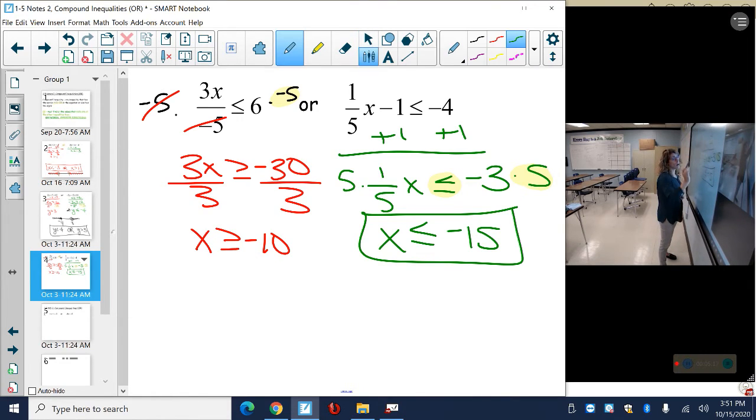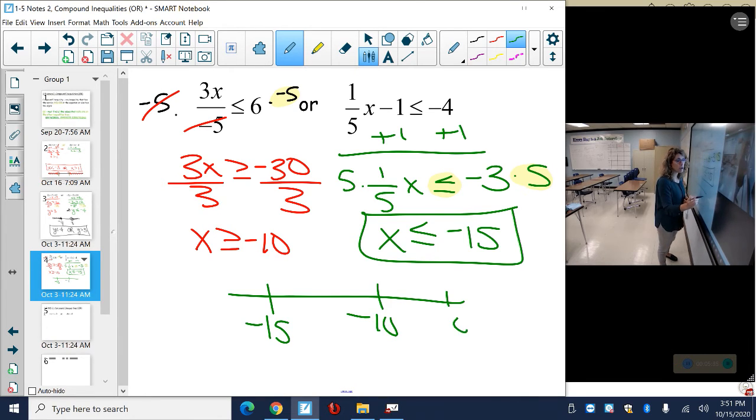So how do I graph this? Which number is smaller? Now this is tricky, so I need you to think distance. How many units away is negative 15 from 0 on the number line? It's 15 units away. How many units is negative 10 away? Well, negative 10 is closer to 0. Do we see that? So the bigger number in this case is negative 10.